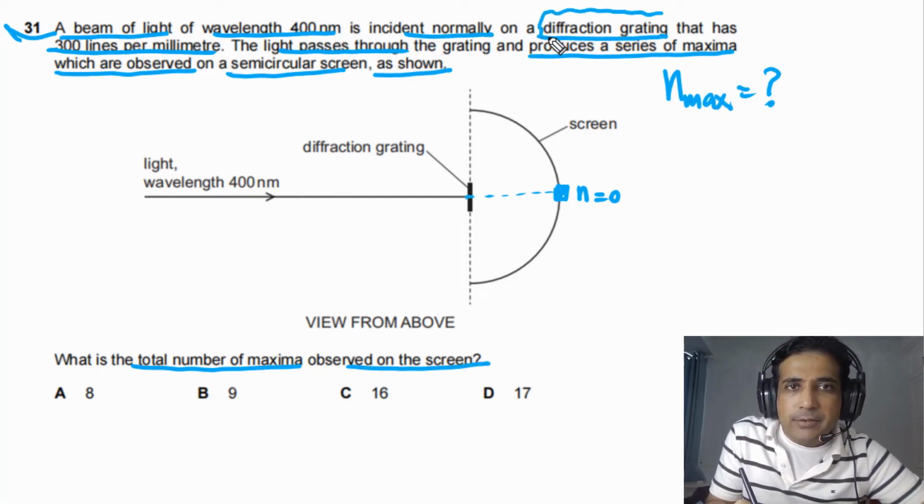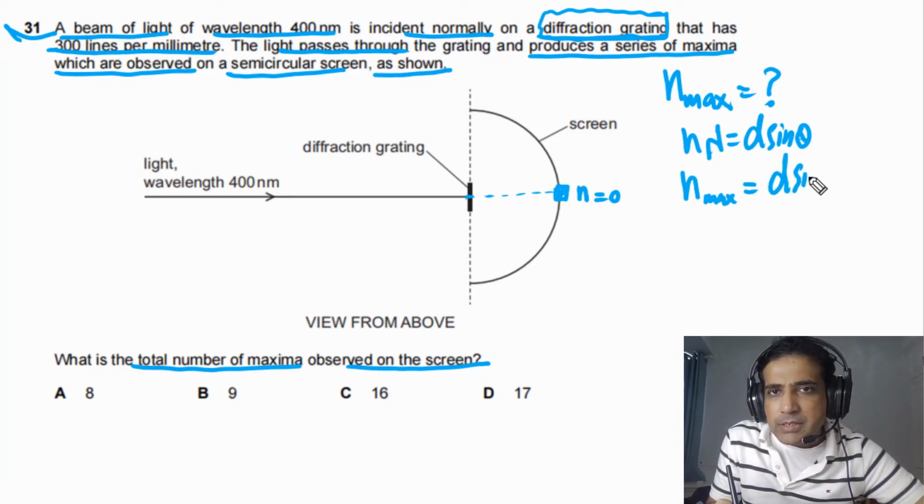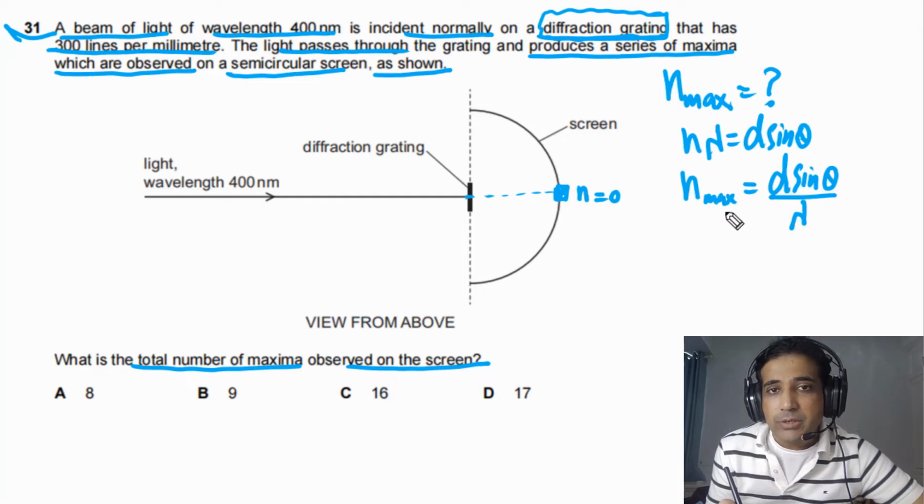We have a diffraction grating here, and for a diffraction grating we need to understand n times lambda is equal to d sine of theta. We need to calculate n max. So we can rearrange and write d sine of theta divided by lambda. In this case, we are calculating n max, so theta has to be 90 degrees.